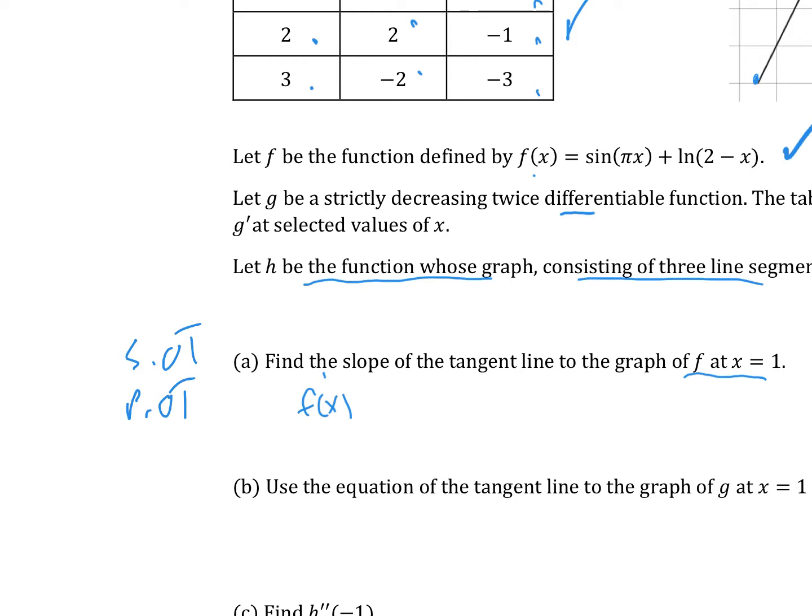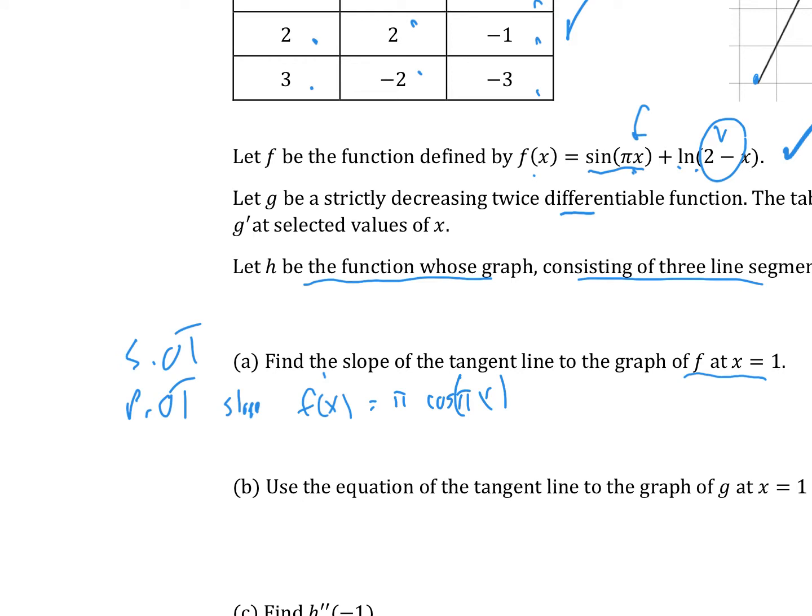So f prime is your slope of the tangent line. Let me do that derivative. Straight across, the derivative of sine is cosine of pi x, but don't forget the chain rule, multiply by pi. So I'm going to go right up front and put pi cosine of pi x. And then natural log of u, this is u. Reminder, the derivative of natural log is du over u.